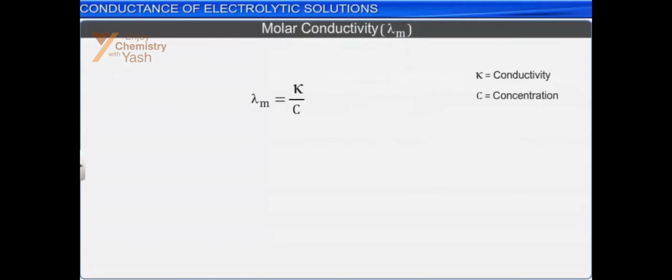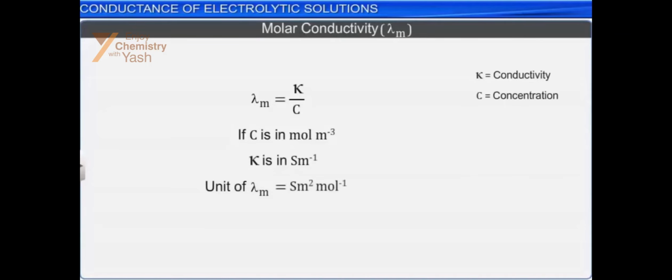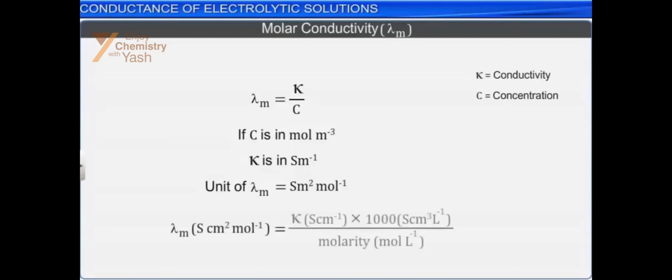If concentration is expressed in moles per cubic meter and conductivity in Siemens per meter, then the unit for molar conductivity can be written as Siemens meter square per mole. To use molarity, which is a far more common concentration unit for chemists, we need to convert the units, resulting in the second equation given here.